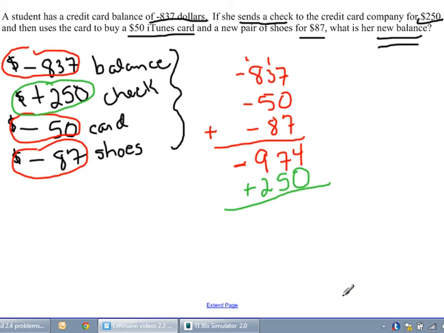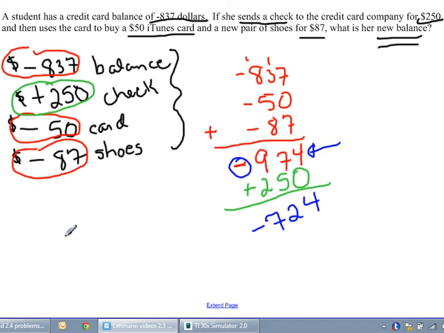And when we subtract the values, 4 minus 0 is 4, 7 minus 5 is 2, 9 minus 2 is 7. And because 974 was the larger of the 2 absolute values, and it was the negative number, my final number is going to be negative 724. So what that tells us is her new balance.